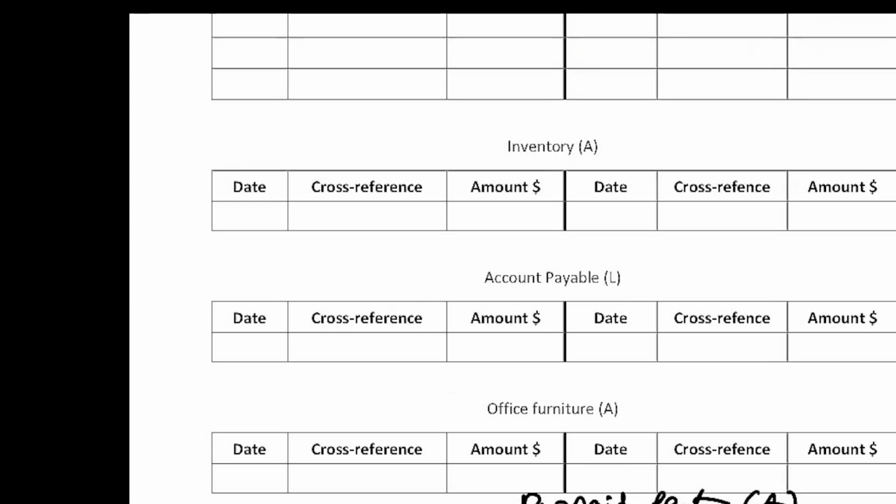Debit. How much is it? 8,000. What's the cross reference? Accounts payable, thanks.